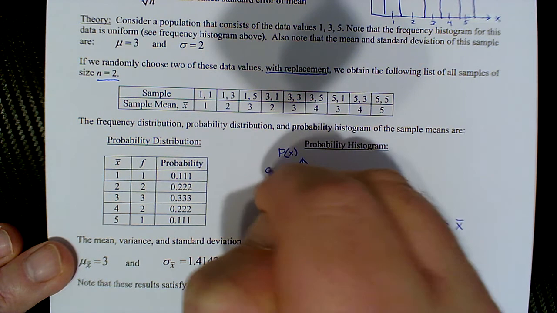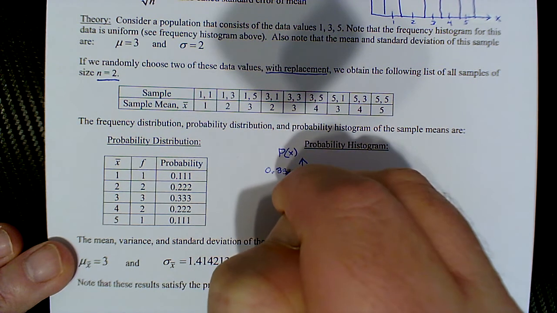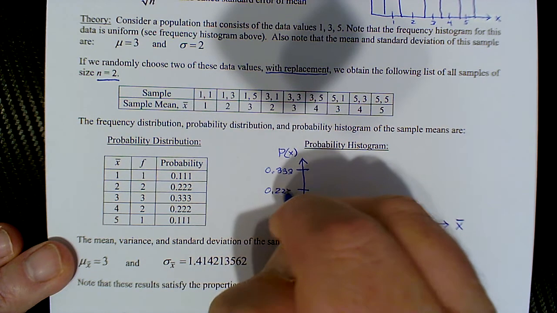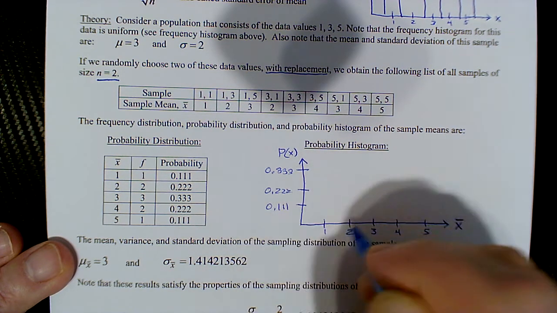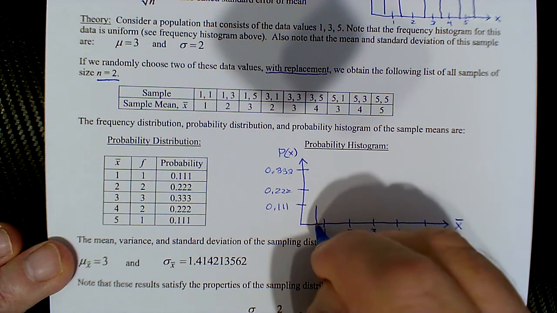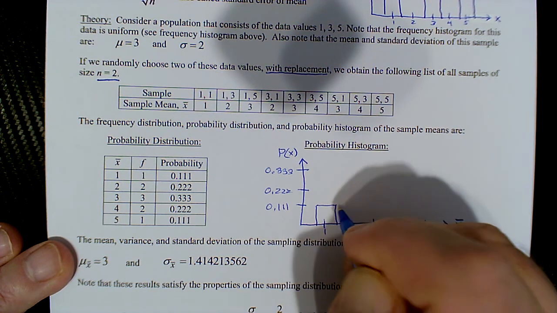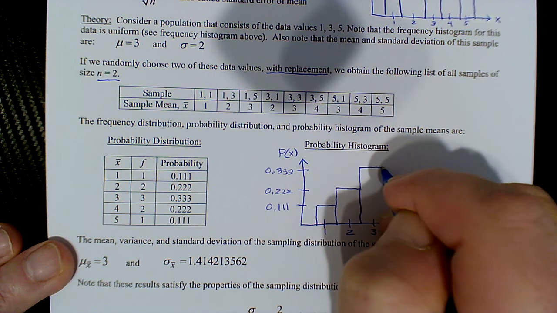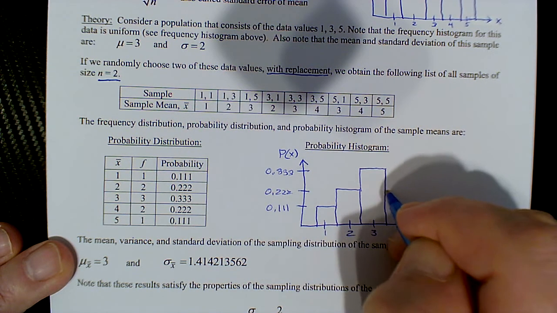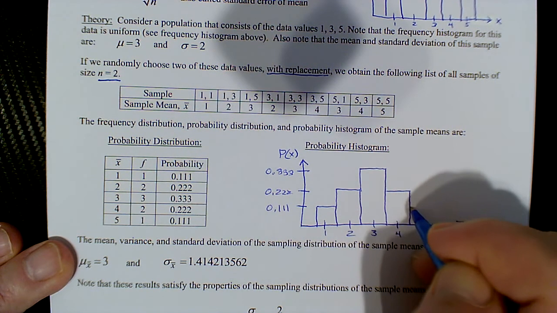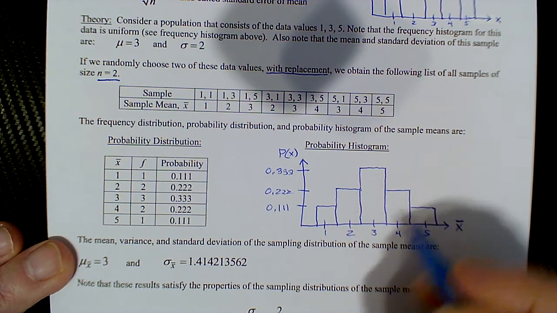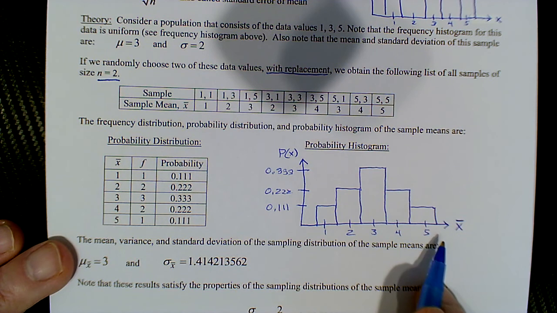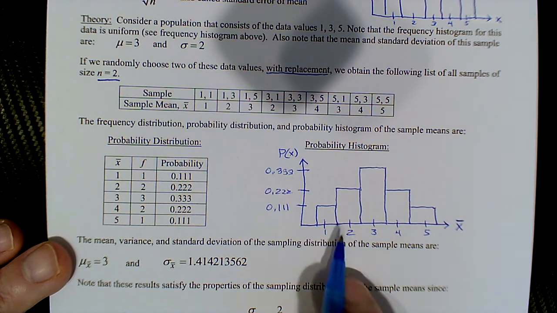The probabilities, the highest one was 0.333, so I cut that in thirds, 0.222 and 0.111. So now 1 has a probability of 0.111, 2 a probability of 0.222, 3 a probability of 0.333, 4 a probability of 0.222, and 5 a probability of 0.111. So this is the sampling distribution of the sample means, and it's starting to become normal.